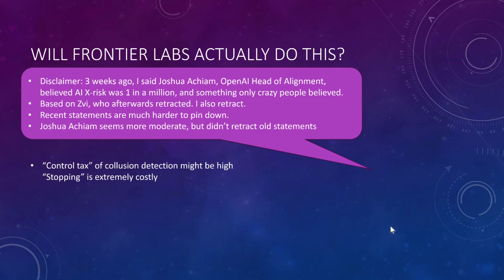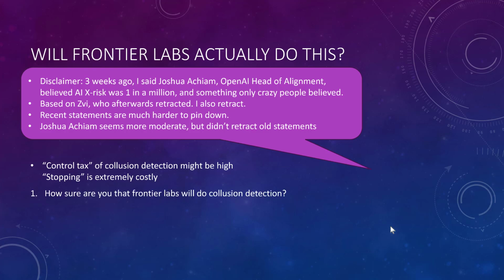And that seems like an issue, because some of this collusion detection will have a control tax, kind of like an alignment tax, some extra processing time that might potentially be high. If you want the same model to evaluate it, then we're talking about a doubling of the inference time costs, and of course stopping is something that will be really, really expensive.